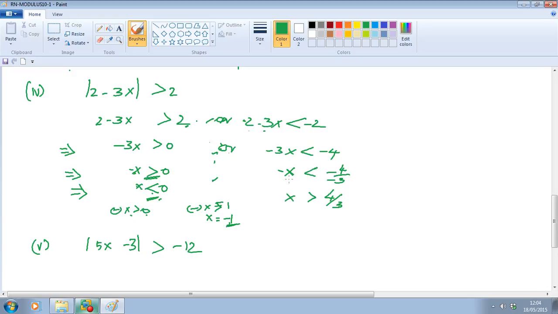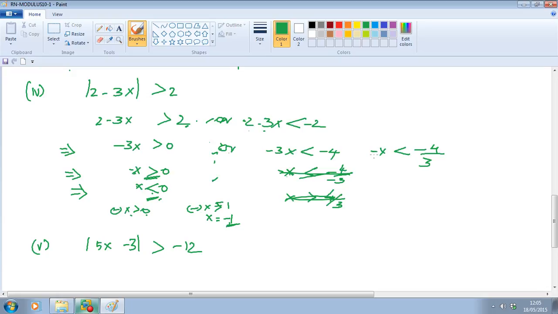Or you can say, if you divide by 3, minus x is less than minus 4 divided by 3. No, this will come like this. You keep minus x, and it is less than minus 4 divided by 3.